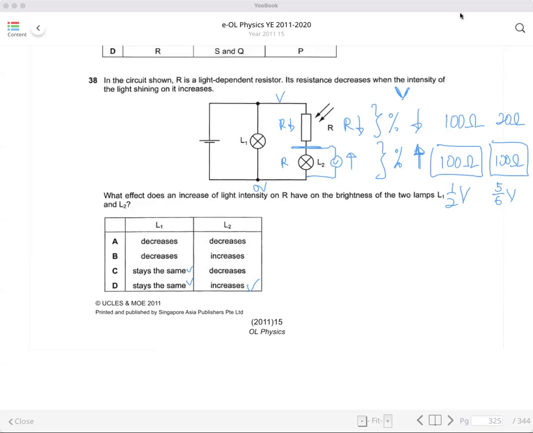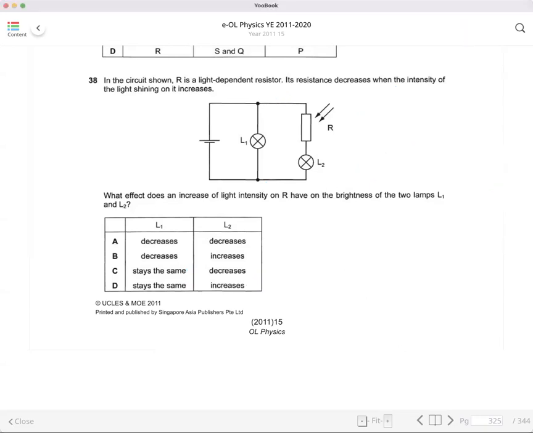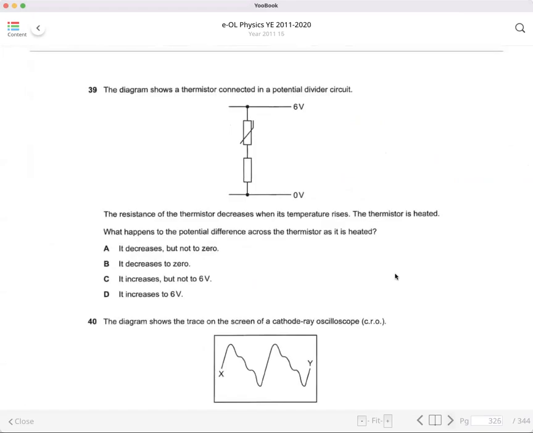Okay, last two questions. Quickly chop finish.